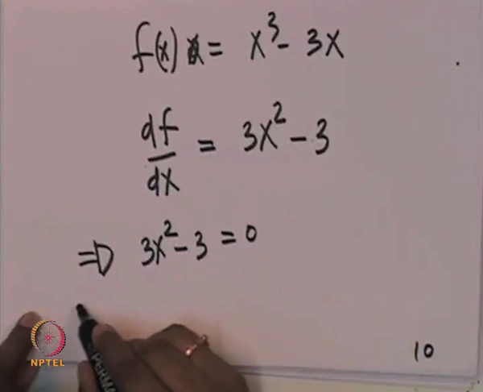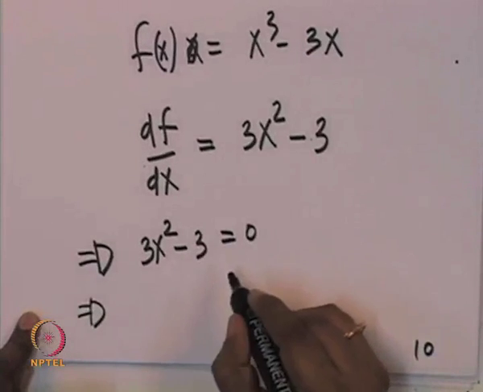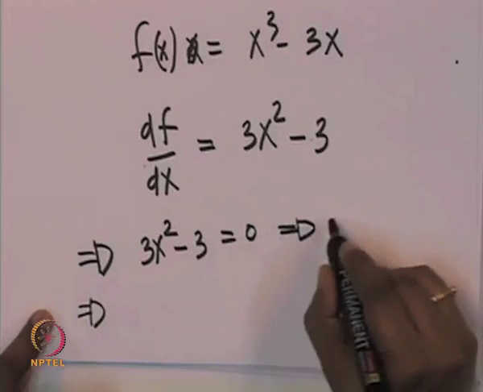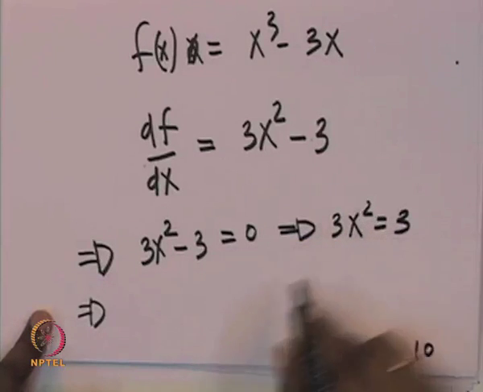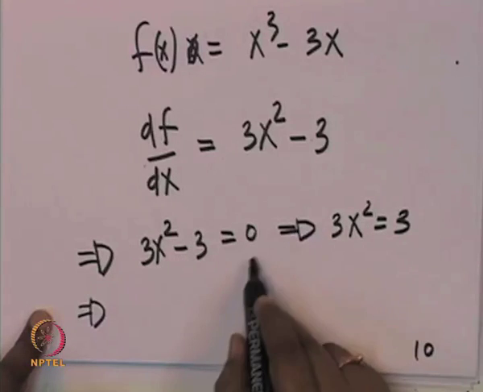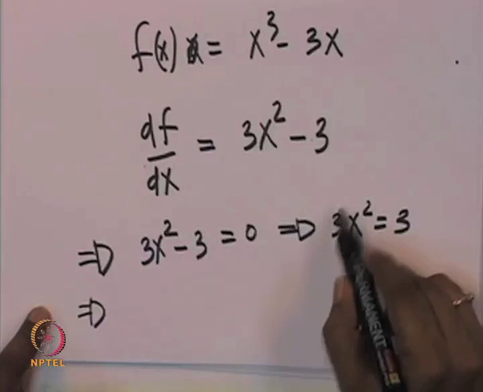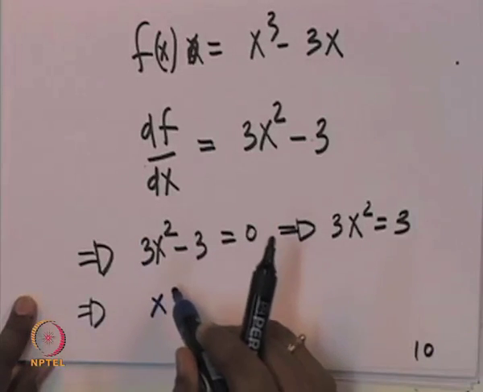What does this mean? I can take this 3 this side, so this means that 3 x square is equal to 3.